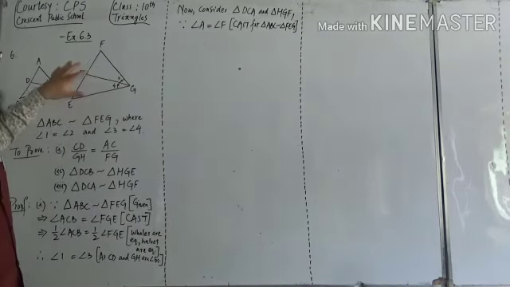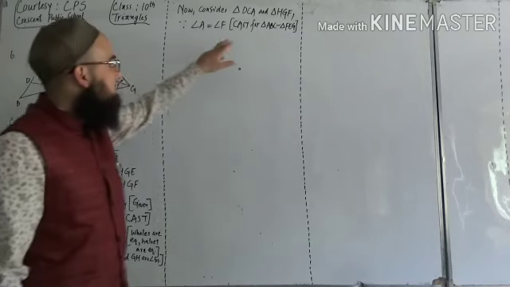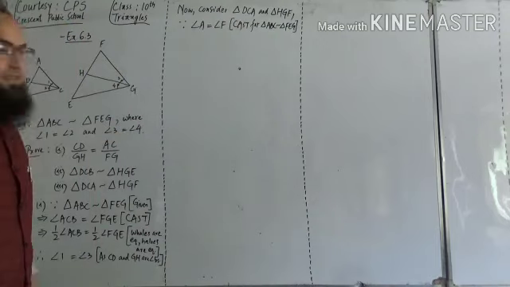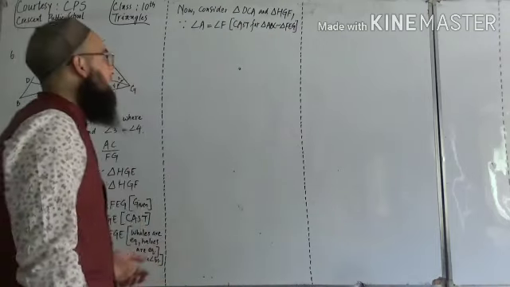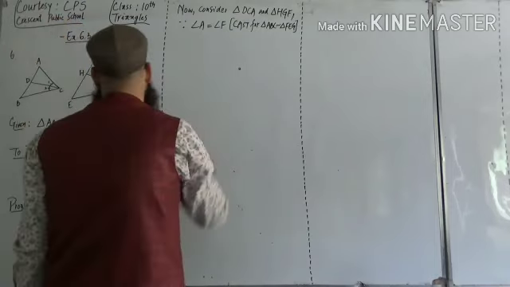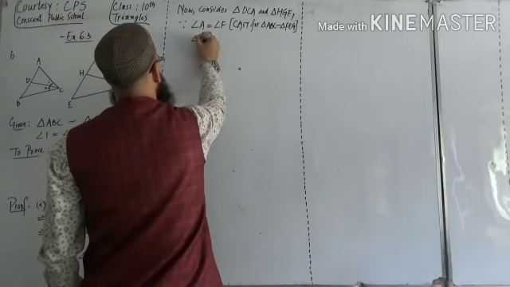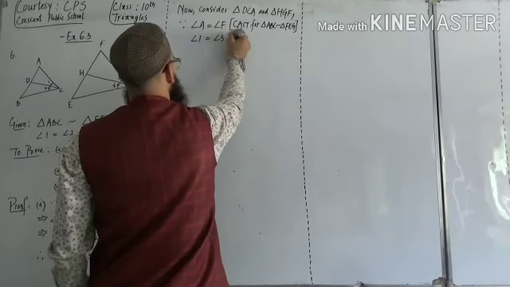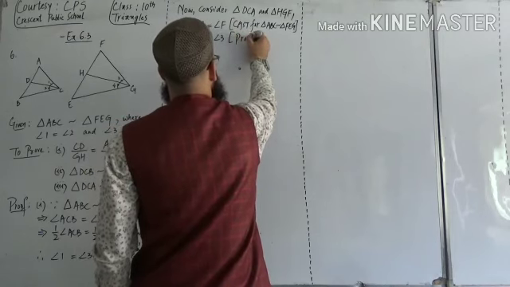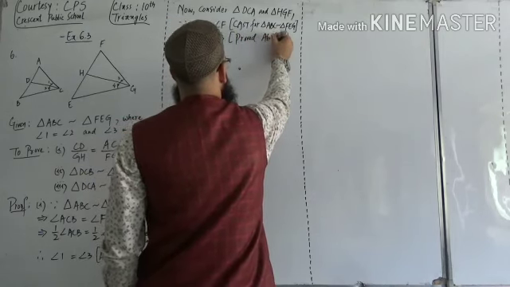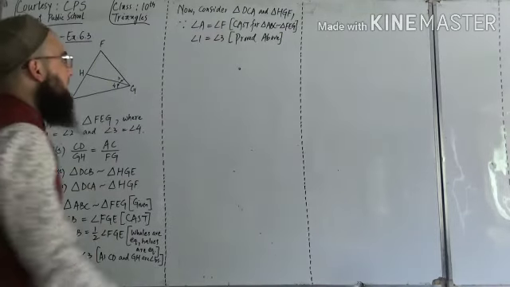Since ABC is similar to FEG, corresponding angles of similar triangles are equal. A is the corresponding angle of F, so angle A is equal to angle F. Number 2, angle 1 is equal to angle 3, proved above. We just proved angle 1 is equal to angle 3.